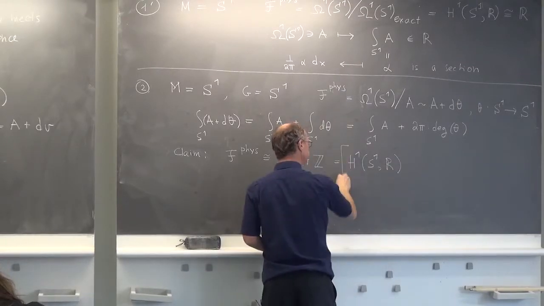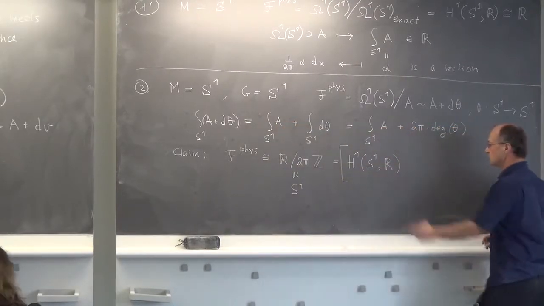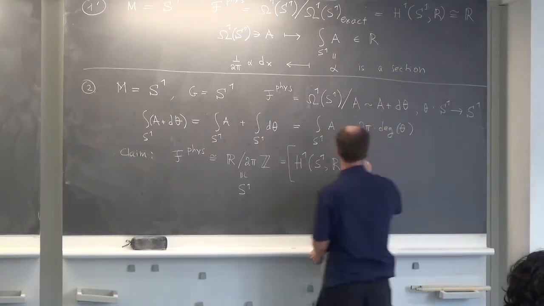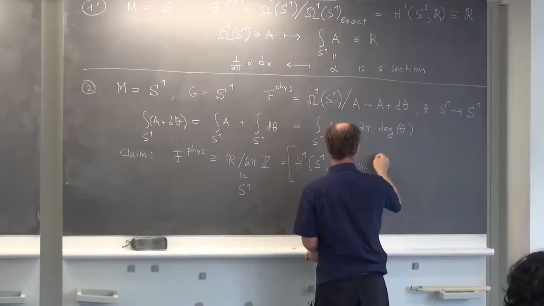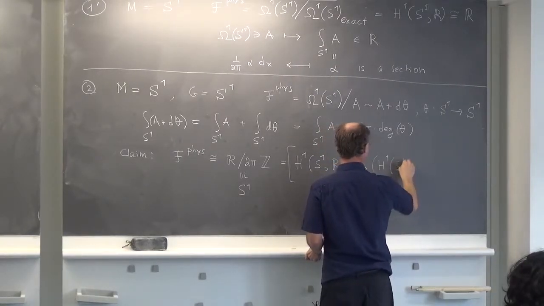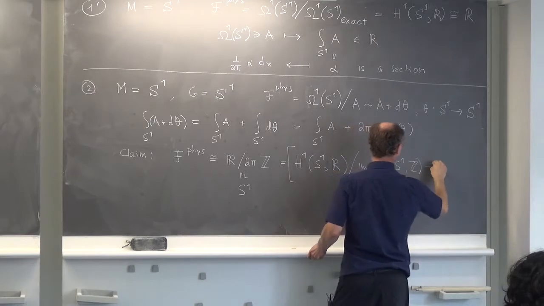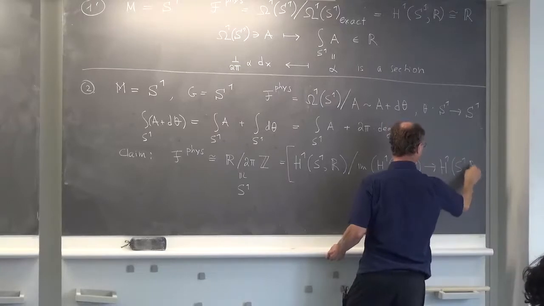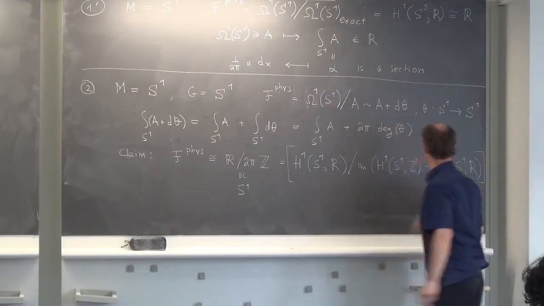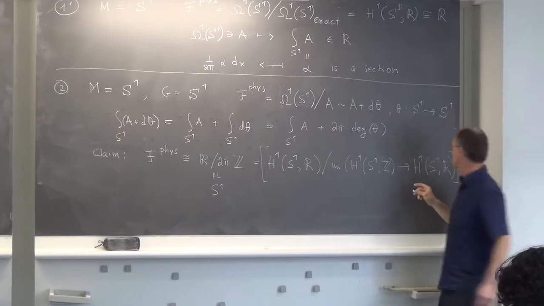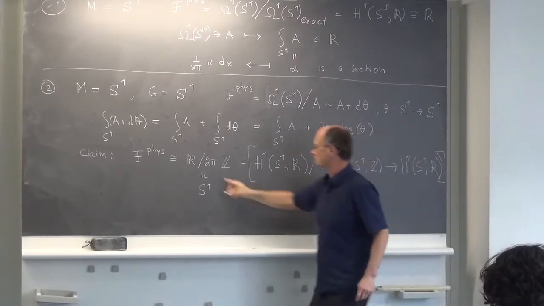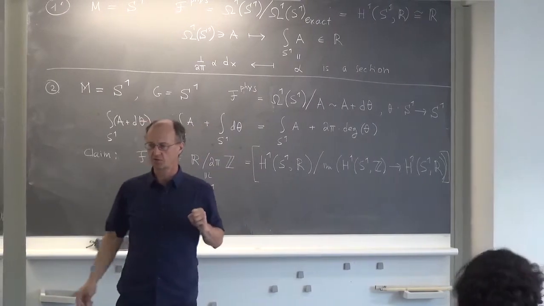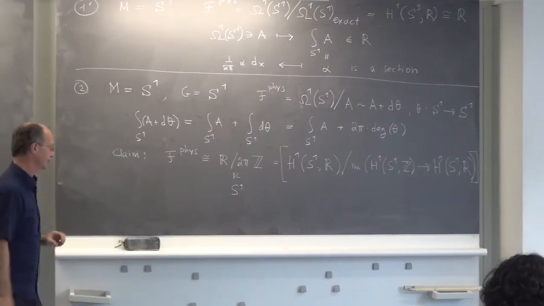If you are more conceptually minded, this is a quotient of H1 of S1, R, the space that we had before, by the image of H1 of S1, Z mapped to H1 of S1, R. So that's this lattice 2 pi Z that we obtain, the image of the integral cohomology in the real cohomology.